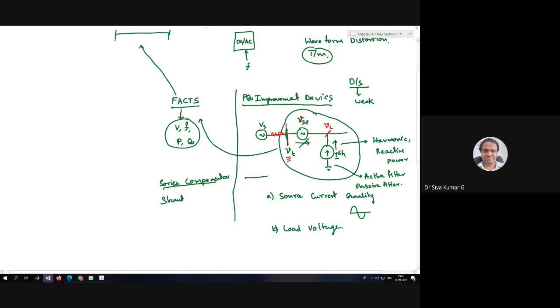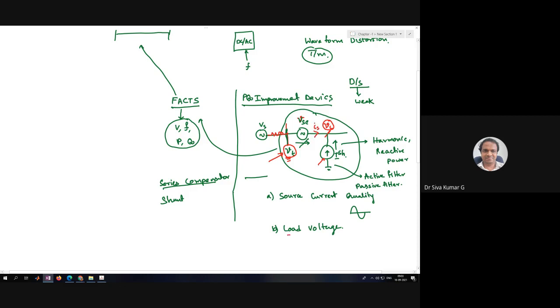The device used to improve the voltage improves the load voltage only, but not the terminal voltage. This other device is used to improve the source current quality.